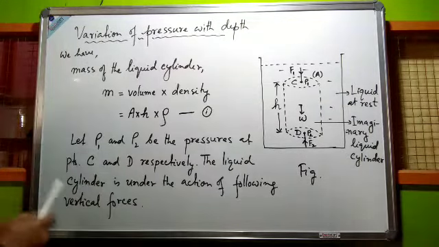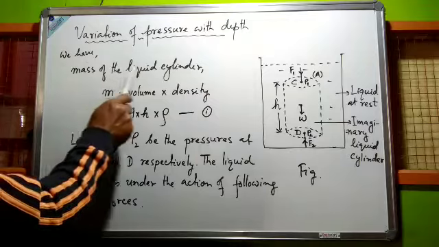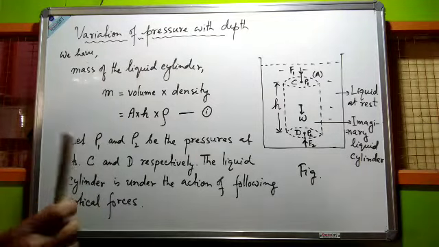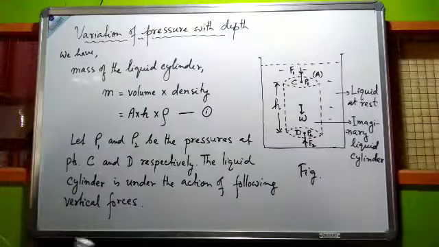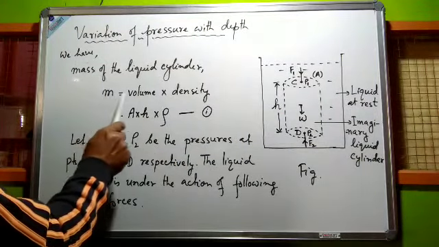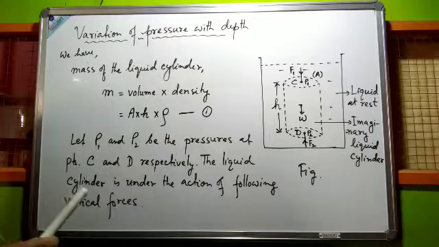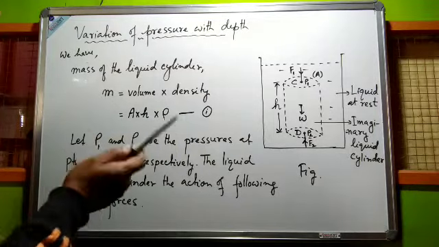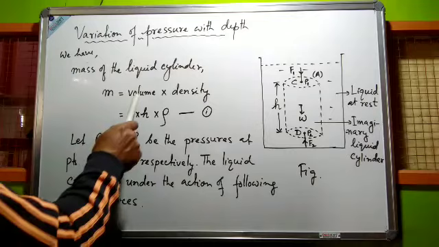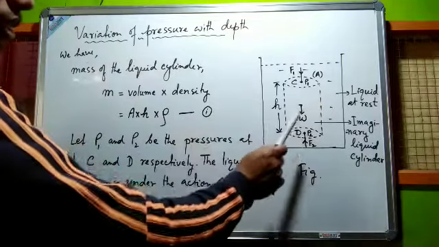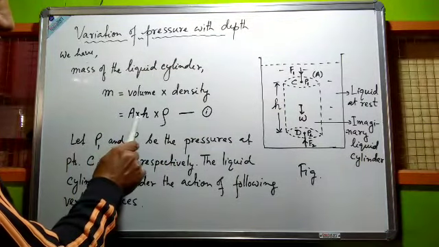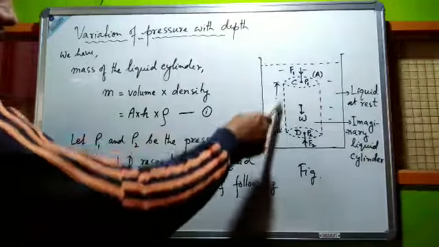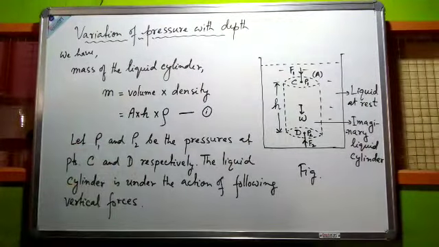Next, we have the mass of the imaginary liquid cylinder. Generally, mass equals volume into density. The volume of the imaginary liquid cylinder is equal to area of cross section into height, so A into h represents the volume of the liquid cylinder.